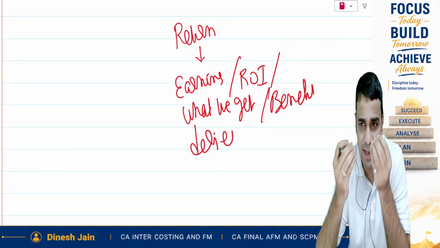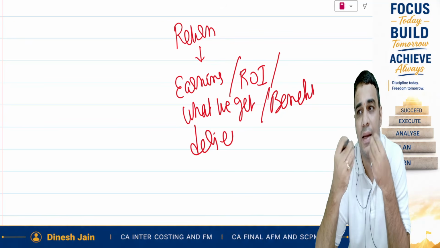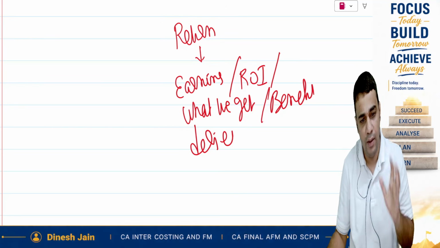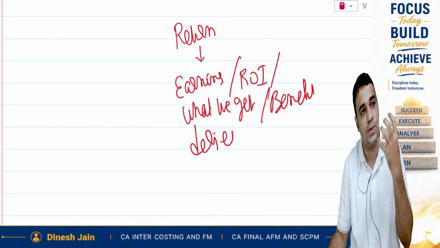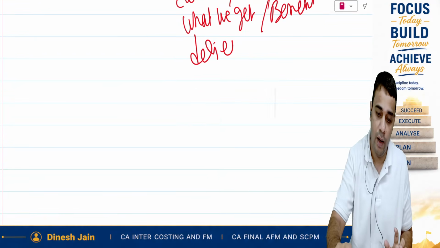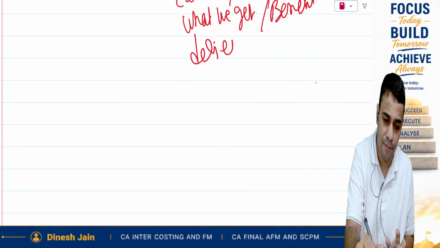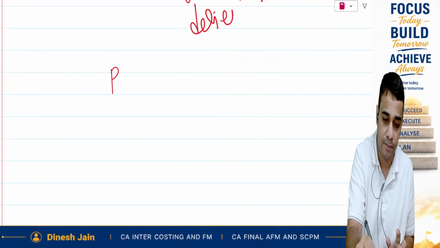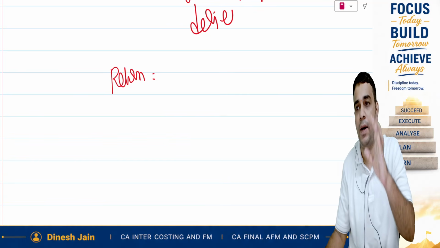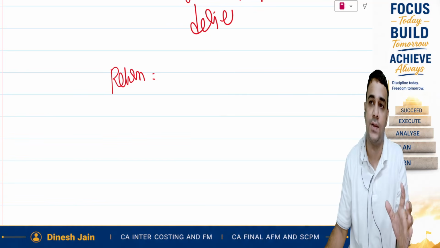Return, as the name indicates, is what I get back out of an investment. Whenever we do an investment, we expect that something has to come back to us from the investment. We would have learned return on investment, return on equity, return on asset, different names.